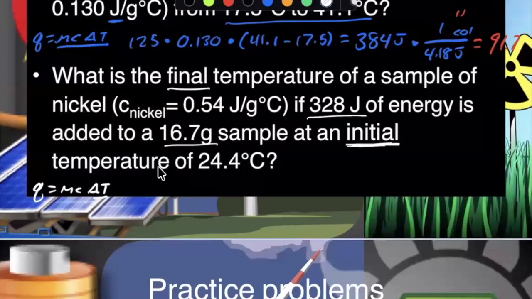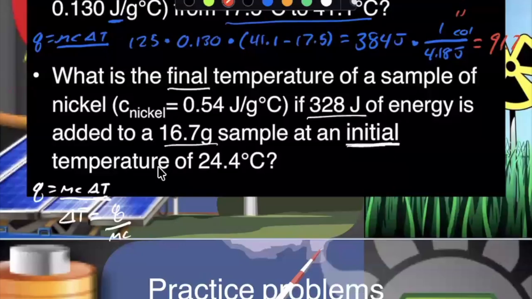Okay. And to solve for delta T, what I'm going to do is rewrite this equation as delta T equals Q divided by MC. So let's rewrite it like that. And let's see if I can pick a color that's maybe a little easier to see.